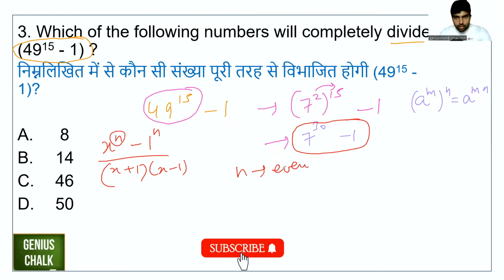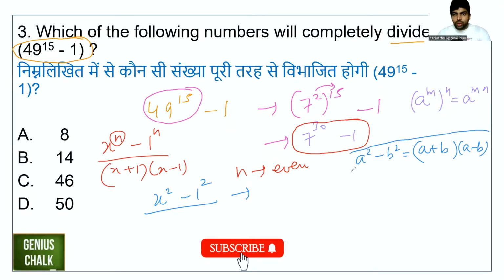Let me give you an example here. Suppose I write it like x square minus 1, and I can write 1 as 1 square because 1 square is the same as 1, and this is divisible by, obviously, because of the formula, right? a square minus b square equals a plus b and a minus b. So we need to use this formula here.